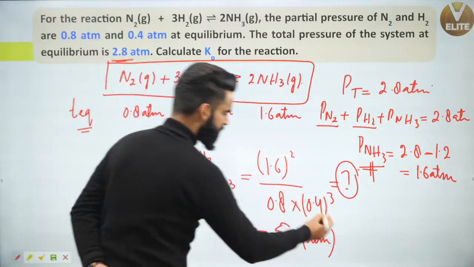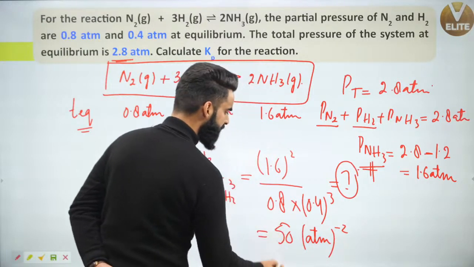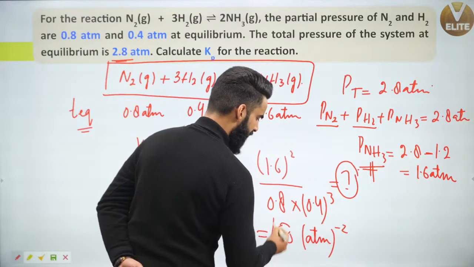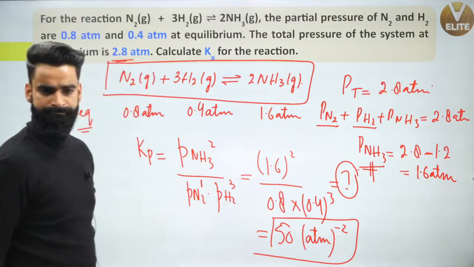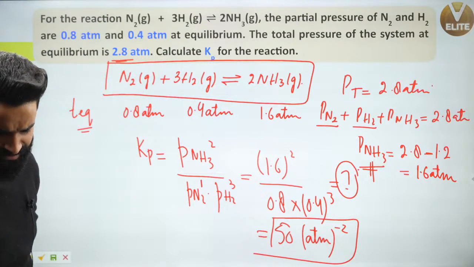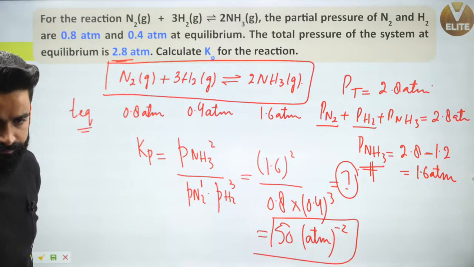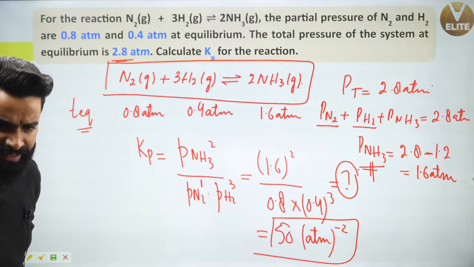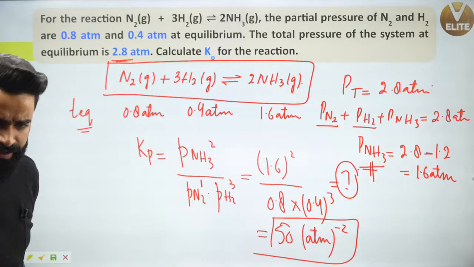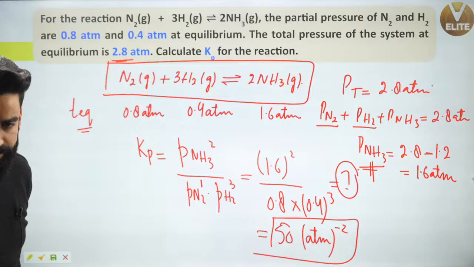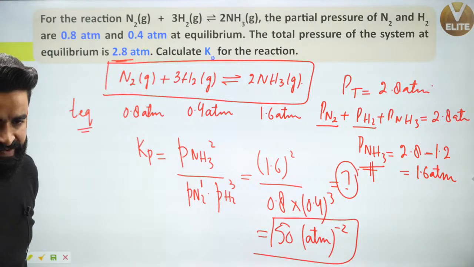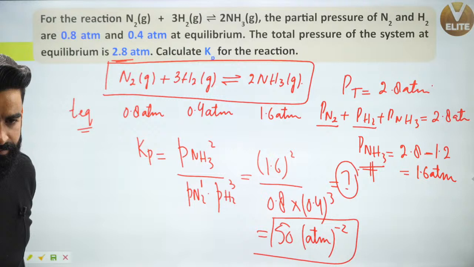Delta Ng for this reaction is -2. So it's going to be 50 atm raised to the power -2, right? Exactly, Yashwant, atm to the power -2. Yes, Princey, absolutely, yeah.